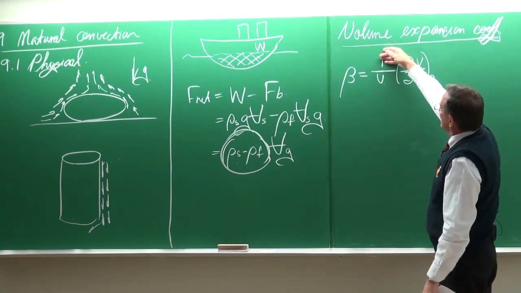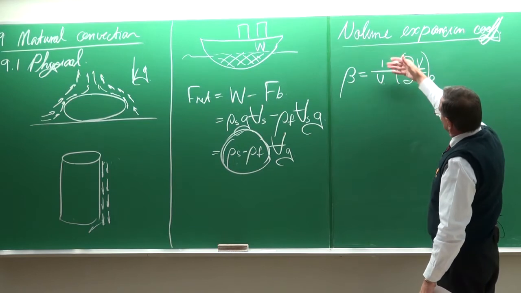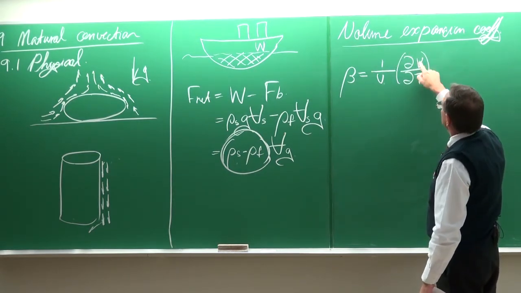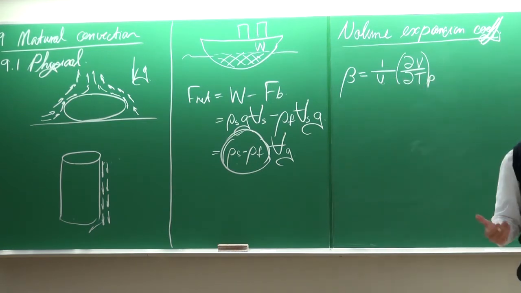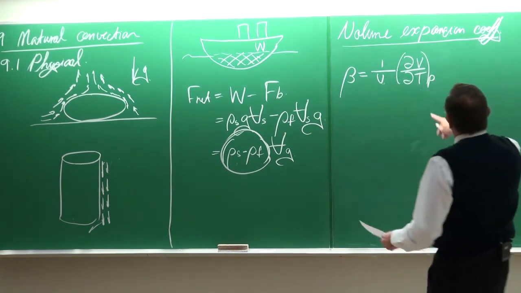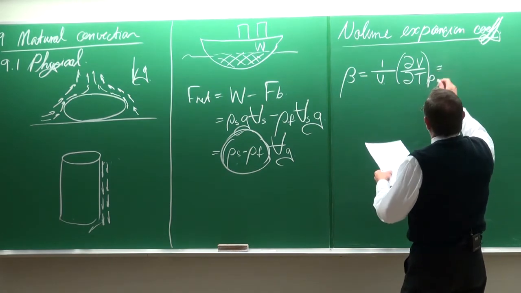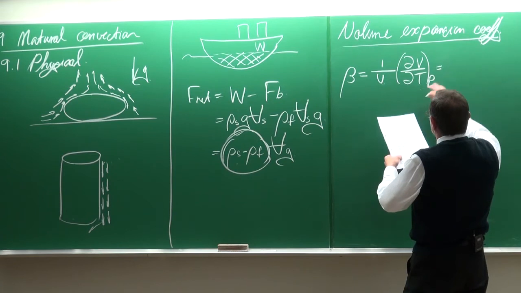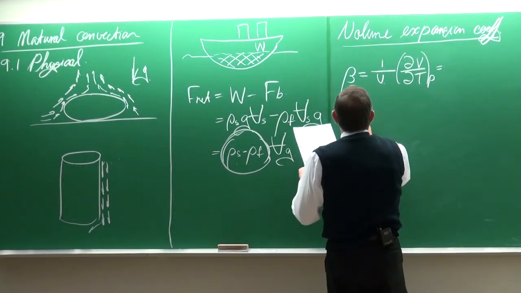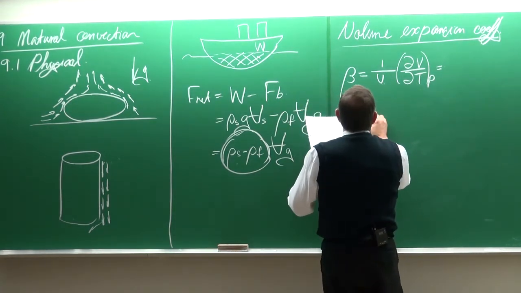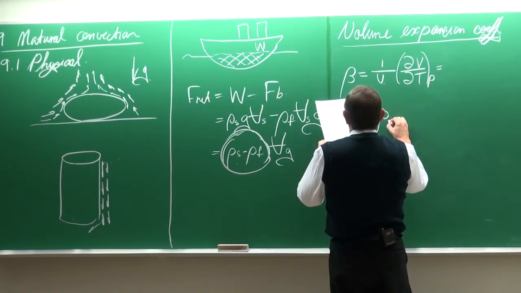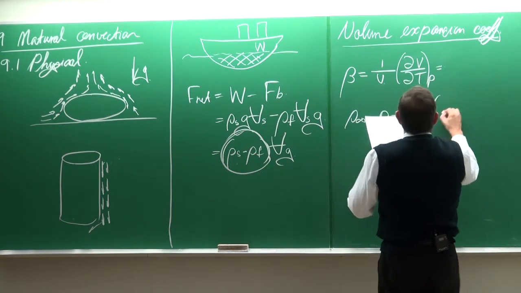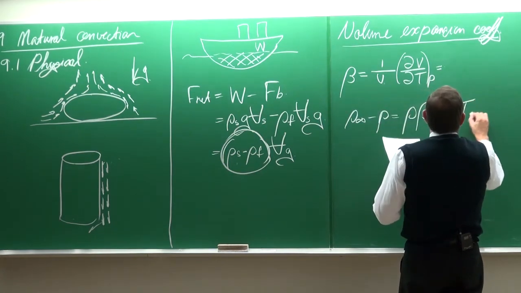So here we have actually density multiplied by the partial derivative to temperature of 1 divided by the density. Now this you can write as a function of density, as I've mentioned, and then you can go through all the calculations and then actually show that the difference in density is equal to rho multiplied by beta multiplied by (T minus T infinity).